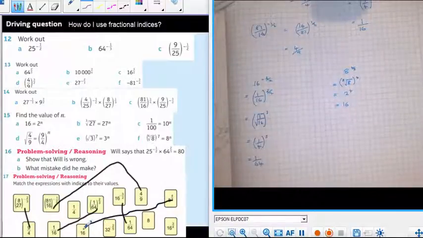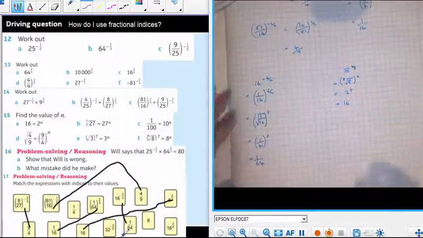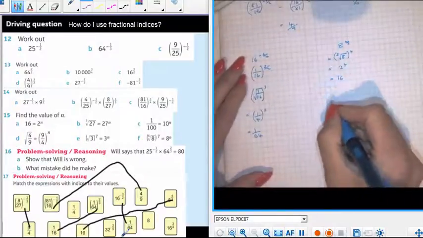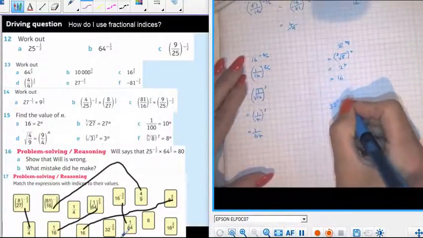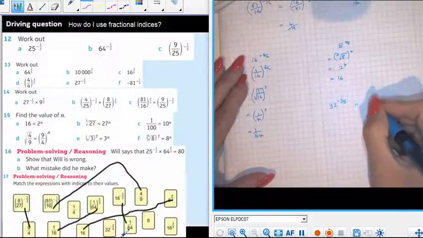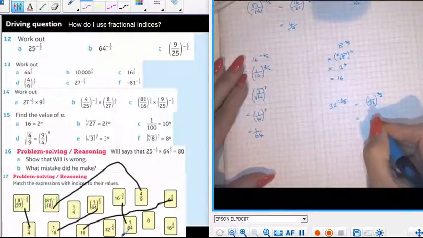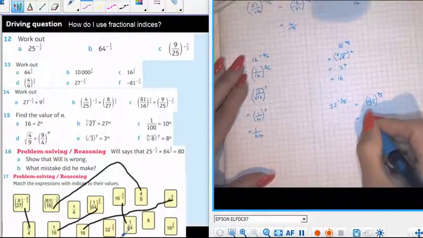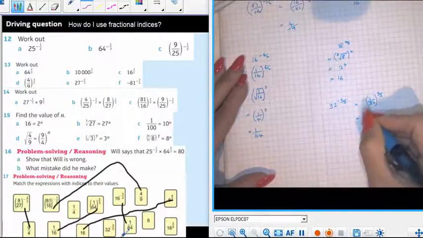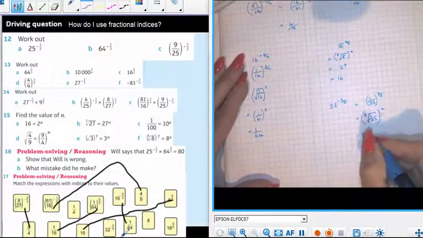32 to the power of negative 2/5 is the same as 1 over 32 to the power of 2/5. So I'm going to find the fifth root of 1 over 32 and then square it.